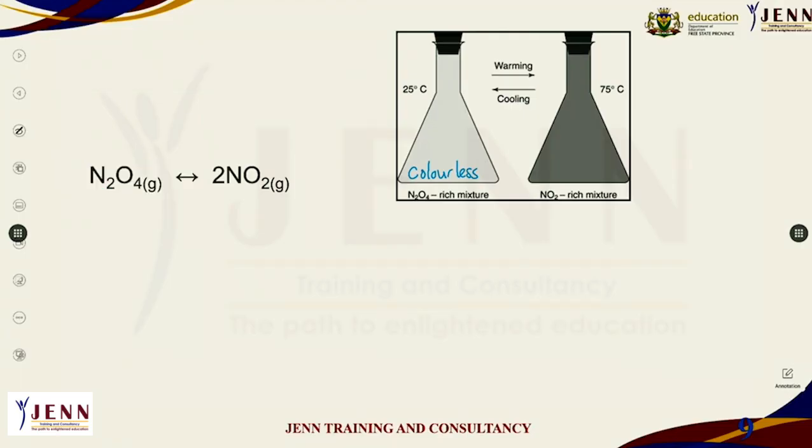And let's make the other one red. It is a reddish brown. That is the darker one, my mixture. So there's a lot of gas inside the container. Now if I'm warming it, it will get more brown. If I'm cooling it down, it will get colorless. That is what is meant there in the middle. So the warming makes it brown, and the colorless is the cooling down effect.